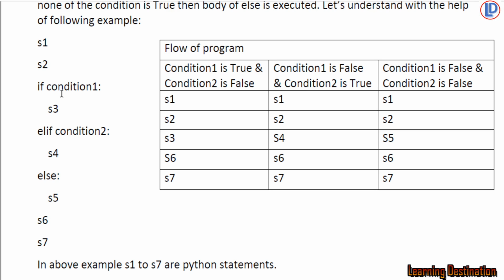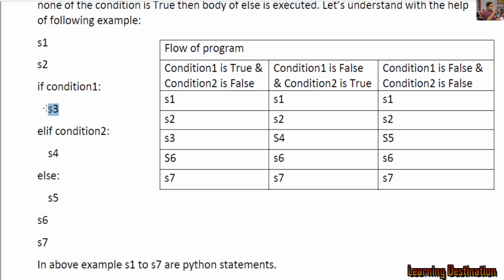Statement 1 will be executed, statement 2 will be executed, as we can see here as well. Condition will be checked and condition is true. Because the condition is true, we will go inside the body of this condition, or body of if. We will execute S3, and after executing the if body, we will not go to any other case of elif or else.